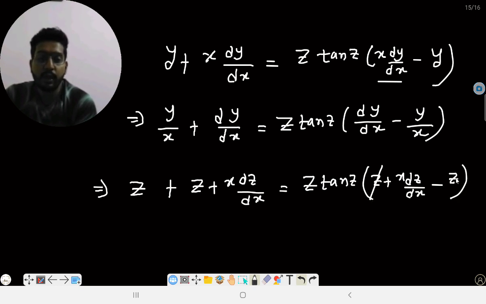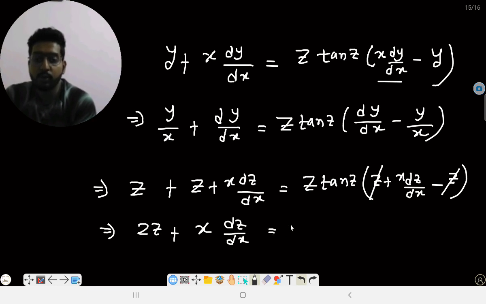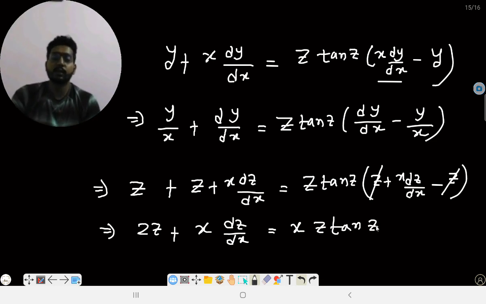So you can see z and z cancel out and it is coming 2z plus x dz/dx equals xz tan z, like this.